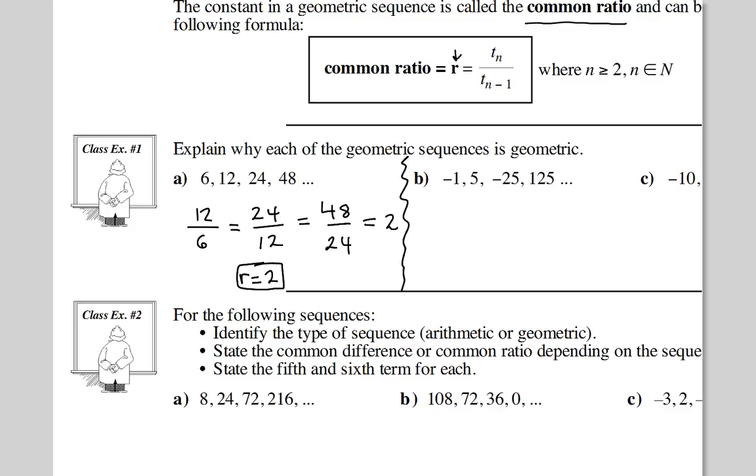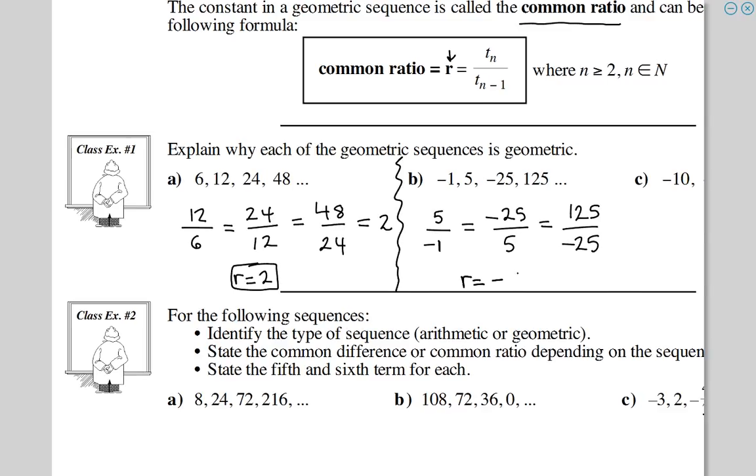Okay, let's take a look at the next one. Take the next term and divide it by the previous. This should be the same as the next term divided by its previous. And it should be the same as the next term divided by the one previous to that. So in this case, what are all these ratios? -5.